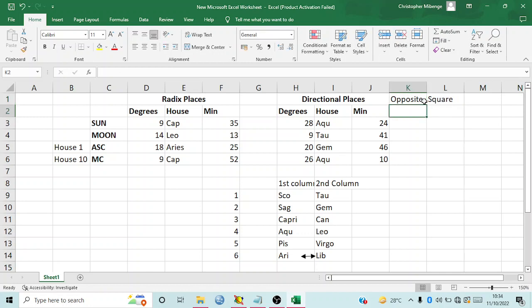But let's just stick to the opposite. So what's the house that's opposite Aquarius? The house that's opposite Aquarius is Leo. So here we're looking at Leo, right?